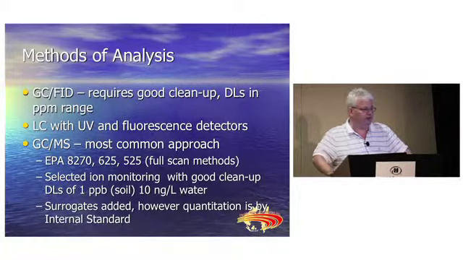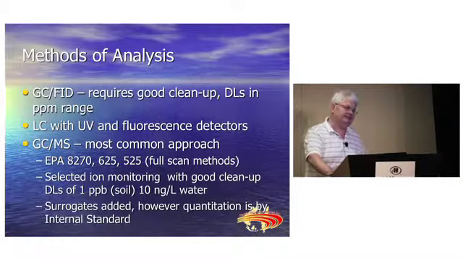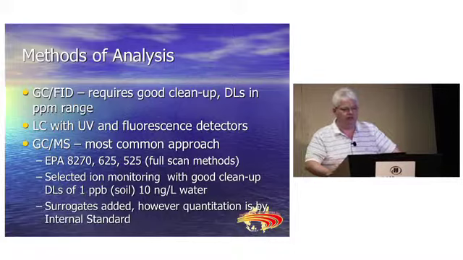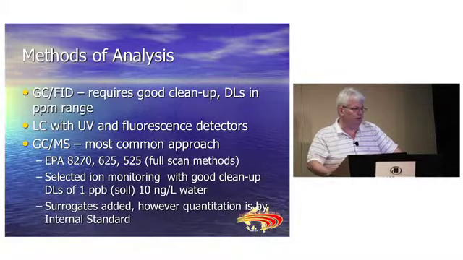I couldn't remember the LC-MS method numbers, but there are a number of them in there. Although in the US, I think if you use an 8270, it typically requires a full scan analysis to get absolute confirmation of the mass spectra.